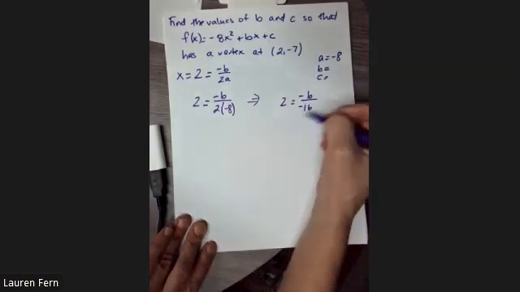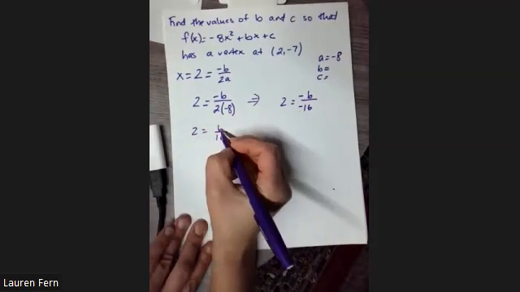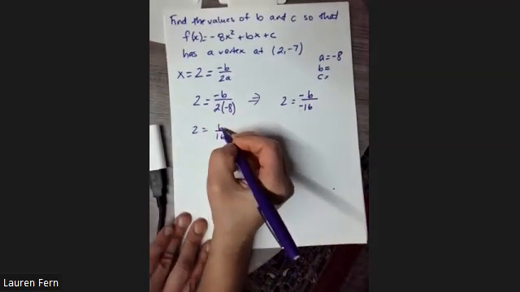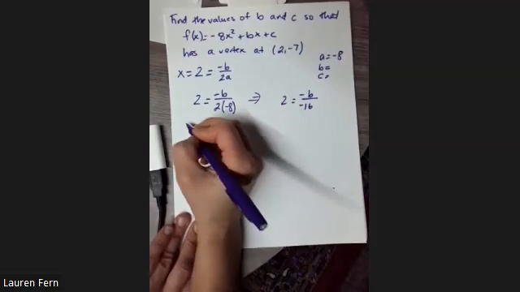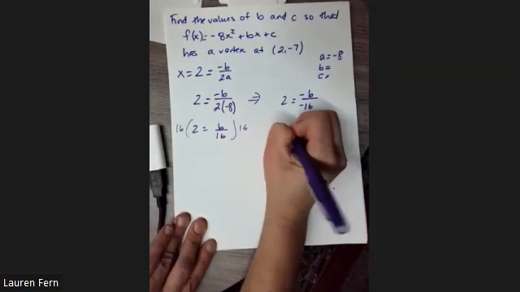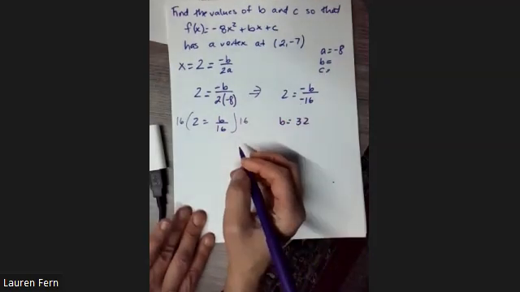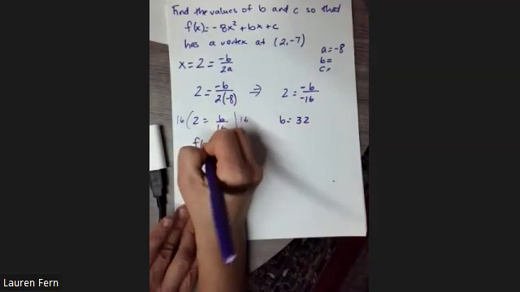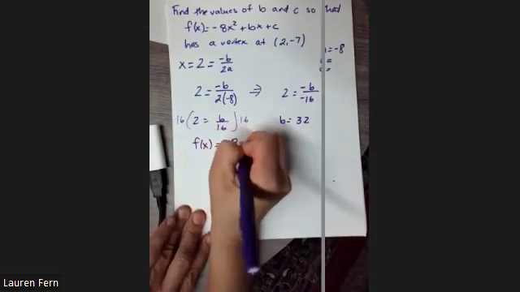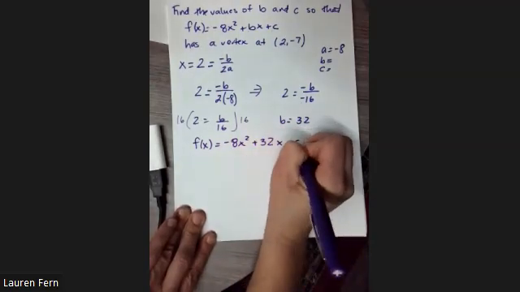Well, negative divided by a negative cancels out. And we can certainly solve this for B. How do we undo division? Multiplication. So I'm going to get B to be 32. So thus far, we have -8x squared plus 32x plus c.